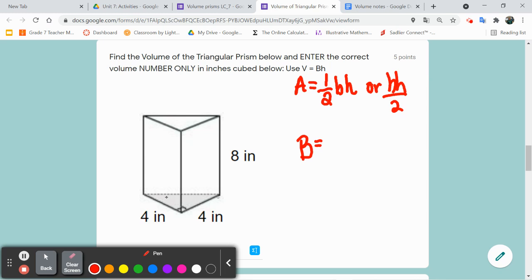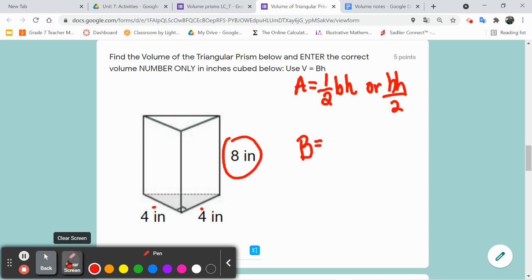In this case, it is going up and down the side that connects the two triangles, and there it is. So you're going to take your base and height numbers, put them in the formula, multiply them, then divide by 2, write that number down, then multiply it times your height, and enter that number in.